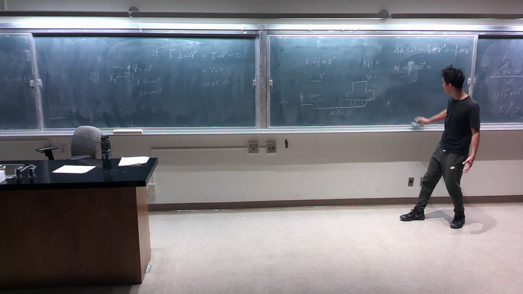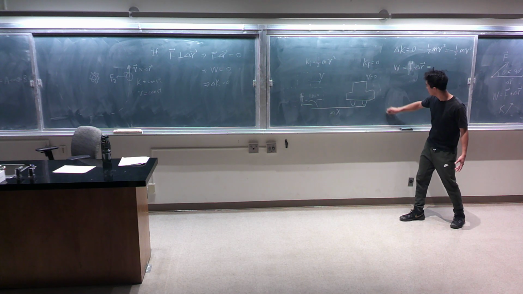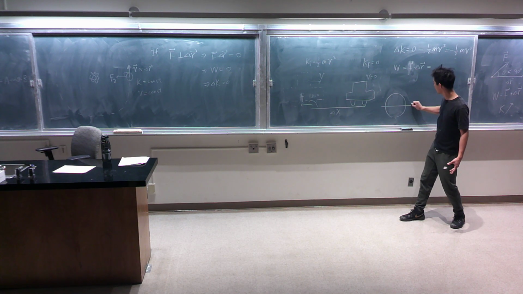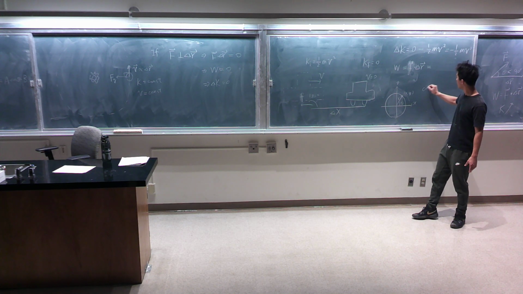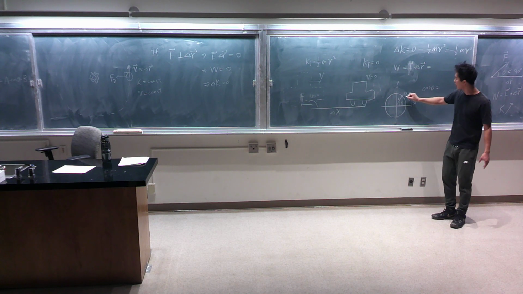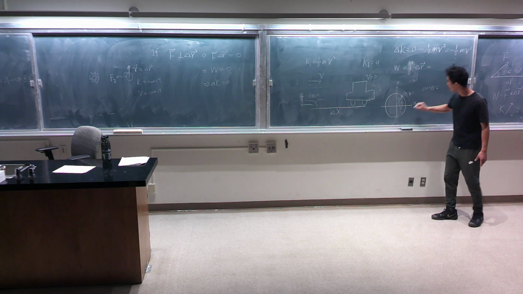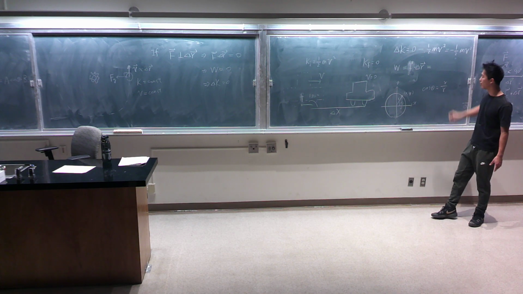If you have a circle, and here is x position, y position, your radius is r, here is theta. Cosine theta is defined as the x position divided by radius r.